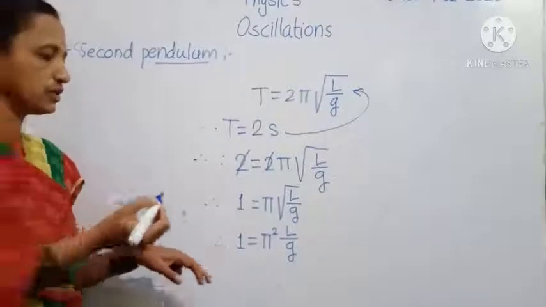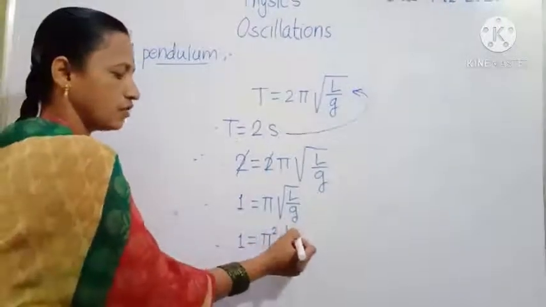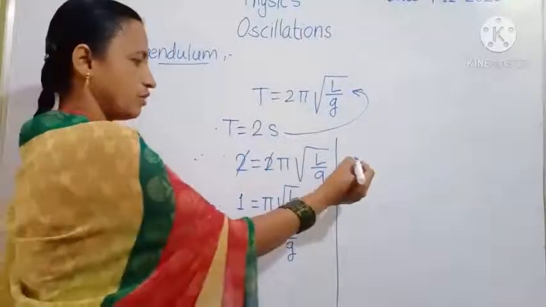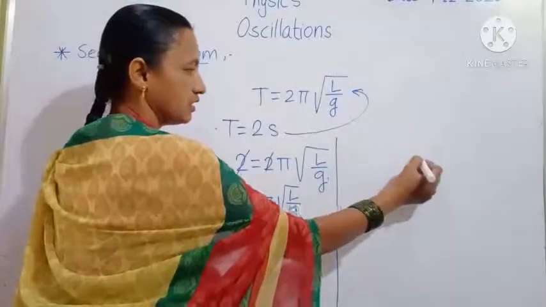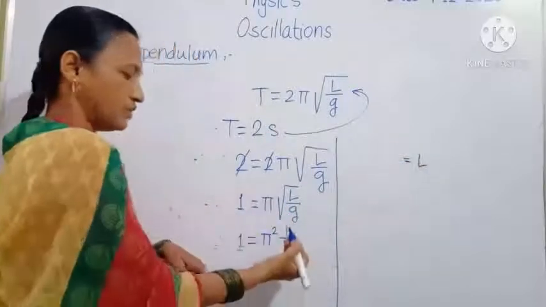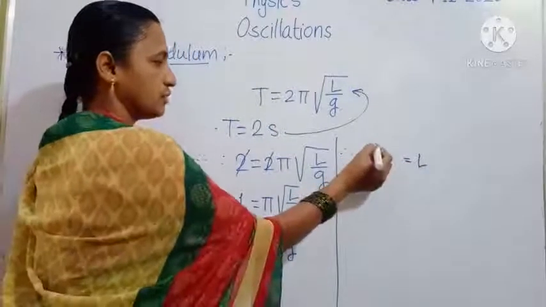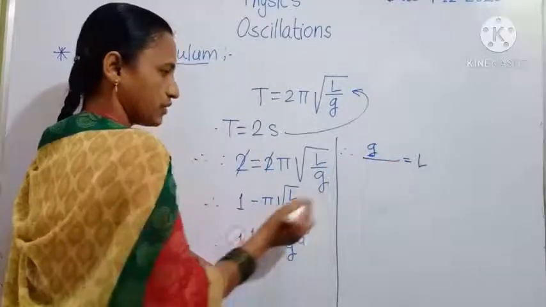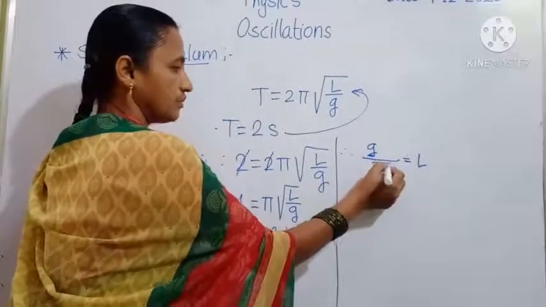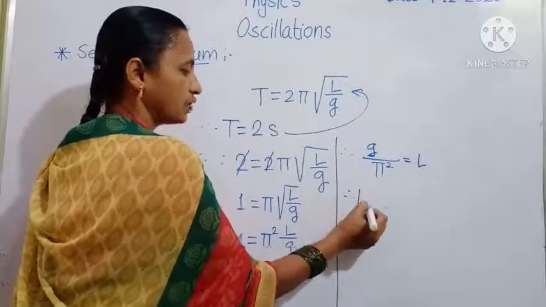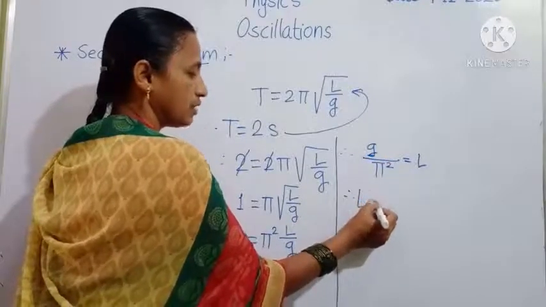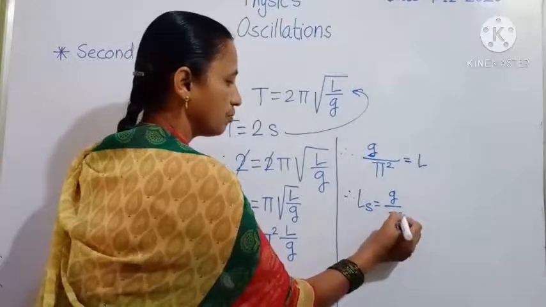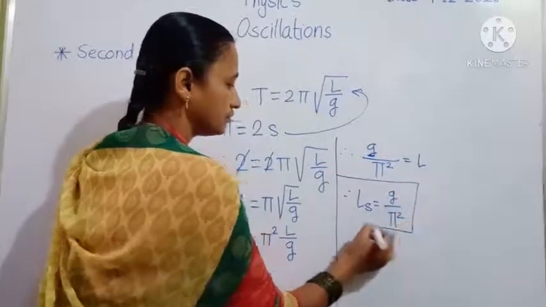From this equation, we calculate the length of the simple pendulum. Taking g to the other side and pi square to the left side, we get the length of the simple pendulum, L is equal to g upon pi square.